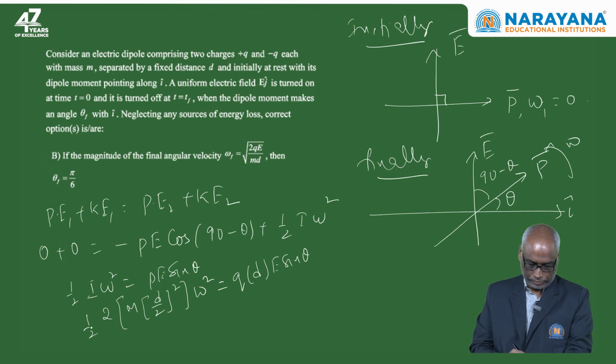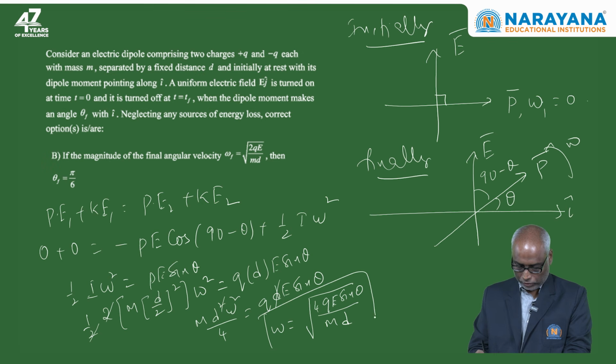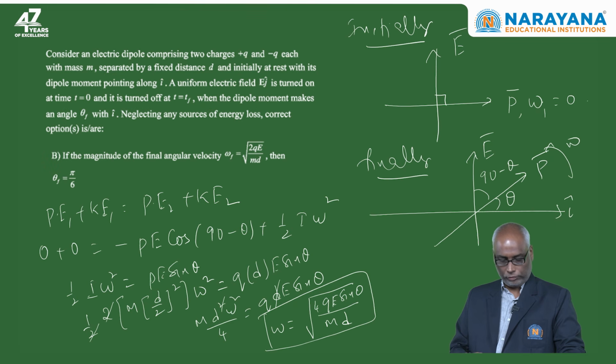Now, from this equation, m d square omega square divided by 4 equals Q d E sin theta. So, d and d will get cancelled. From this equation we can get a relation between omega and sin theta. So, omega becomes equal to under root of 4 Q E sin theta, whole divided by m d. This is the angular velocity. Now, here omega is given, and you are asked to find the value of theta.